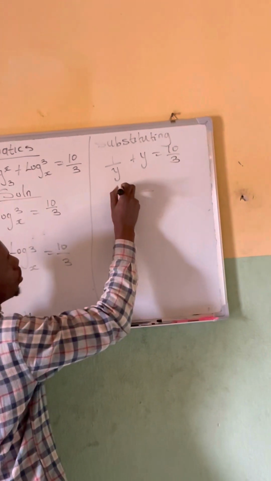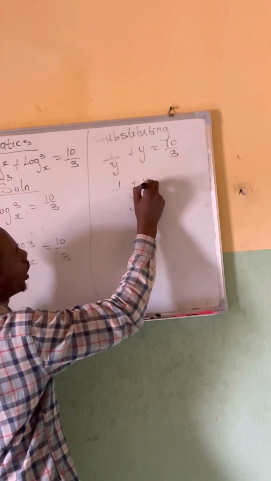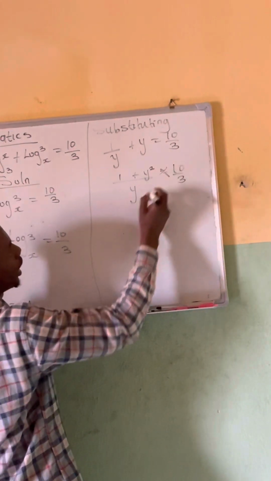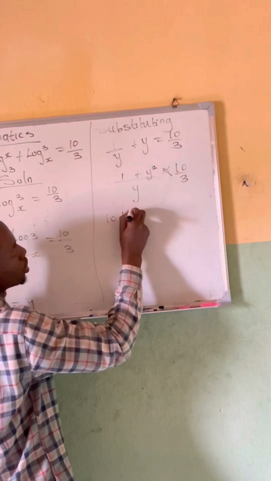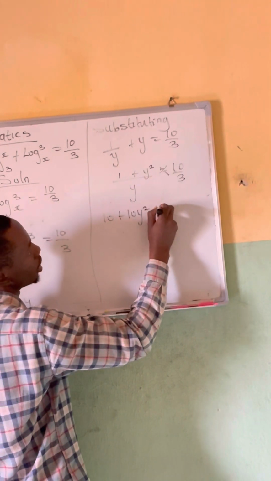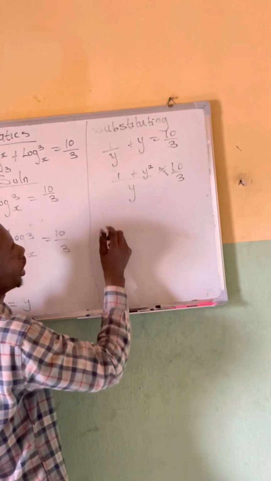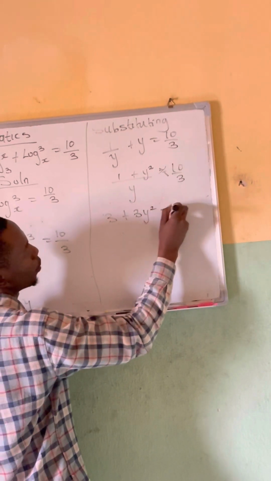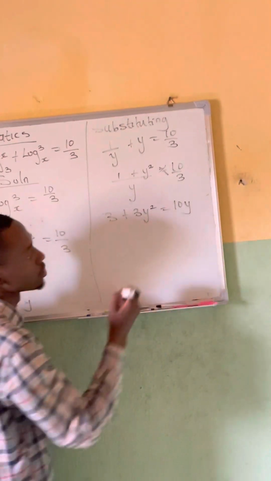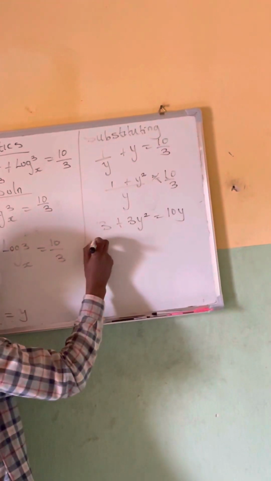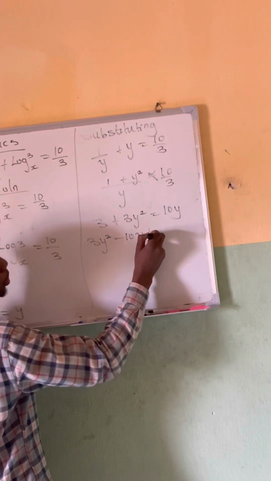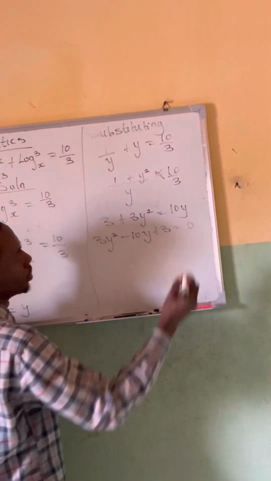So I have 1 plus y squared equals 10 over 3. Cross multiplying, I have 3 plus 3y squared equals 10y. So rearranging, I have 3y squared minus 10y plus 3 equals 0.